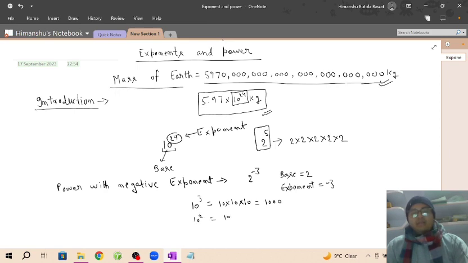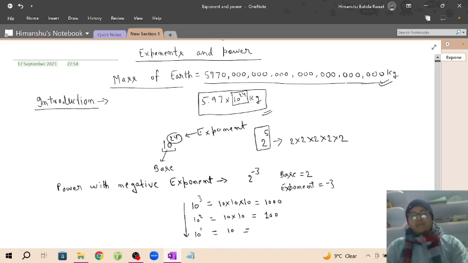I multiply this number two times and the answer is 100. So I am just reducing the power of the number. Basically, if we decrease the exponent, we are dividing the number again and again.